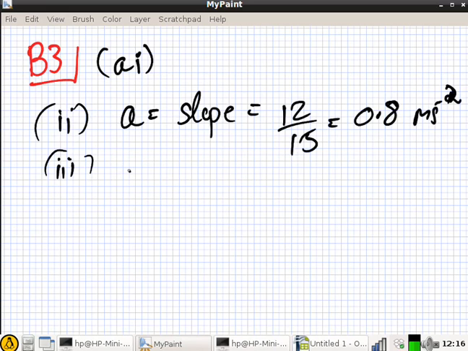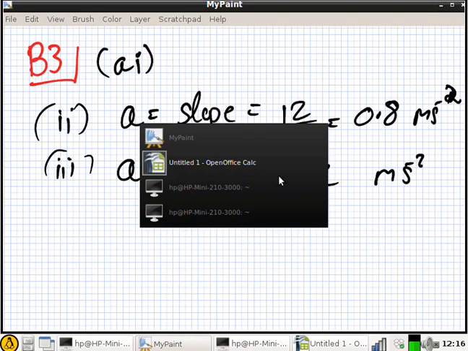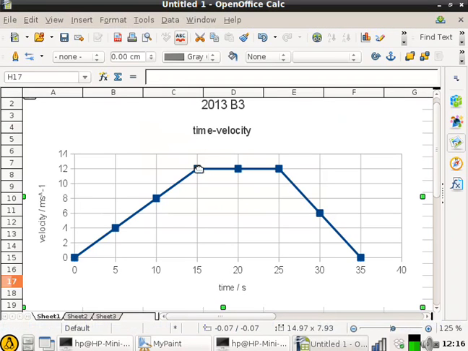Deceleration. I'll just write A with a D here. What was the formula? 12 over 10. I'm getting those numbers from the graph. It's the height over the base, and then the height over the base.